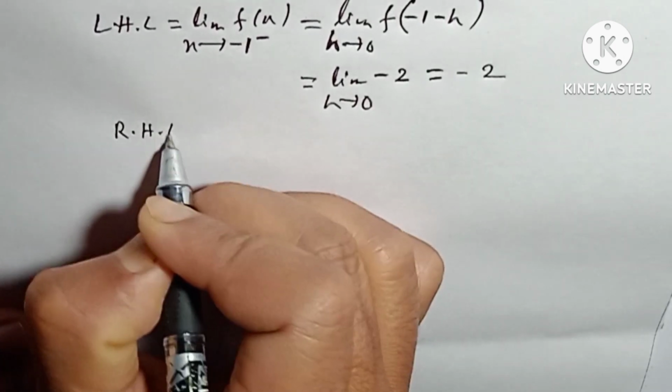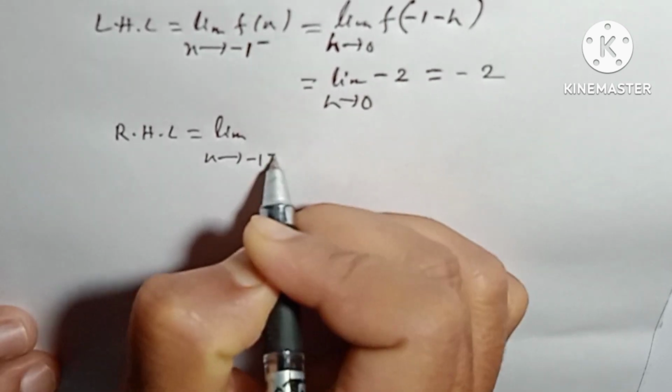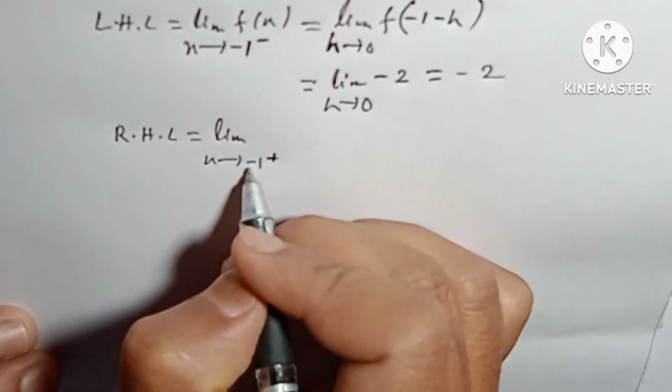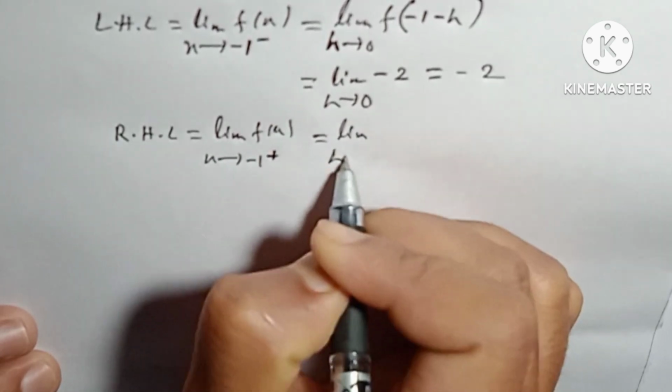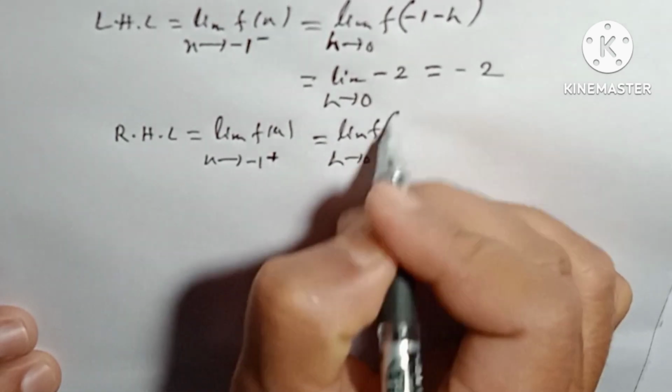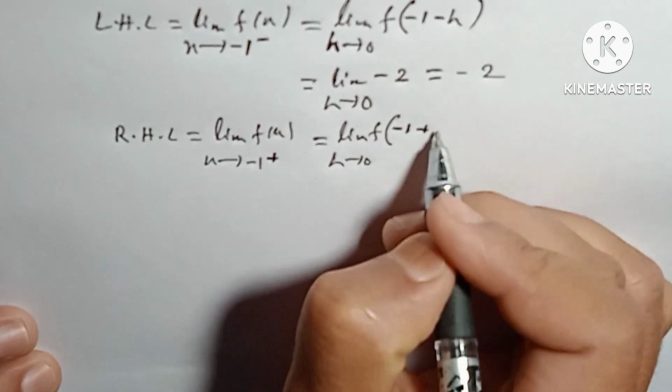Right hand limit equals limit as x approaches minus 1 from the right side of f(x), which equals limit as h approaches 0 of f(minus 1 plus h), approaching from the right side of minus 1.